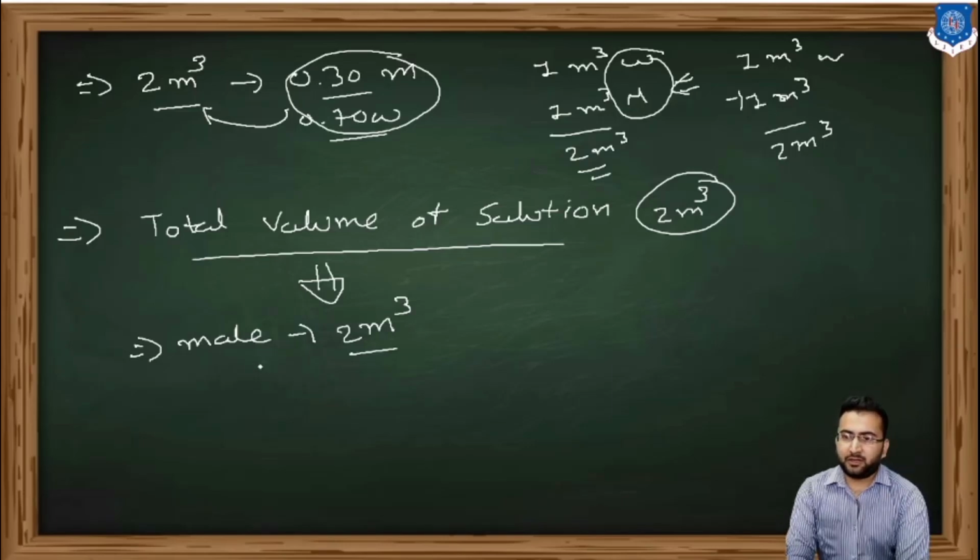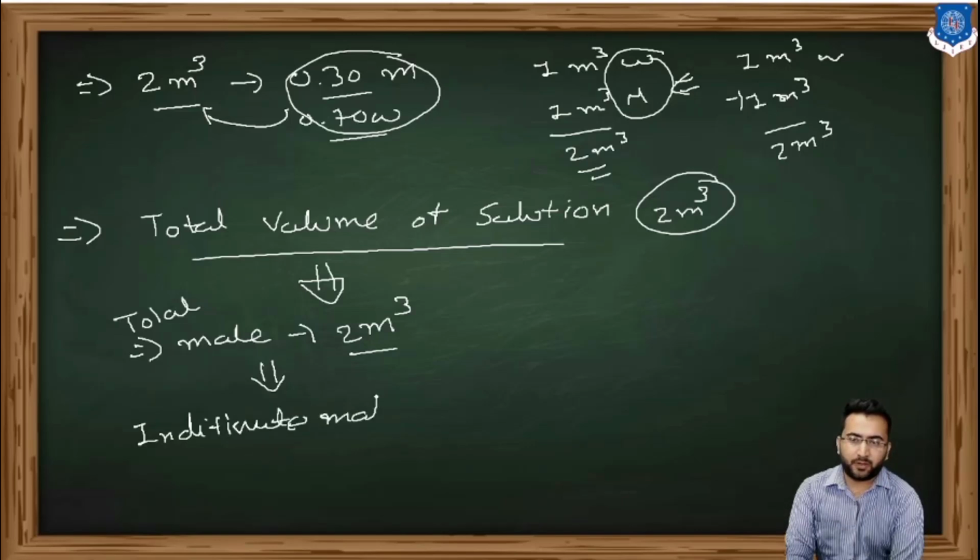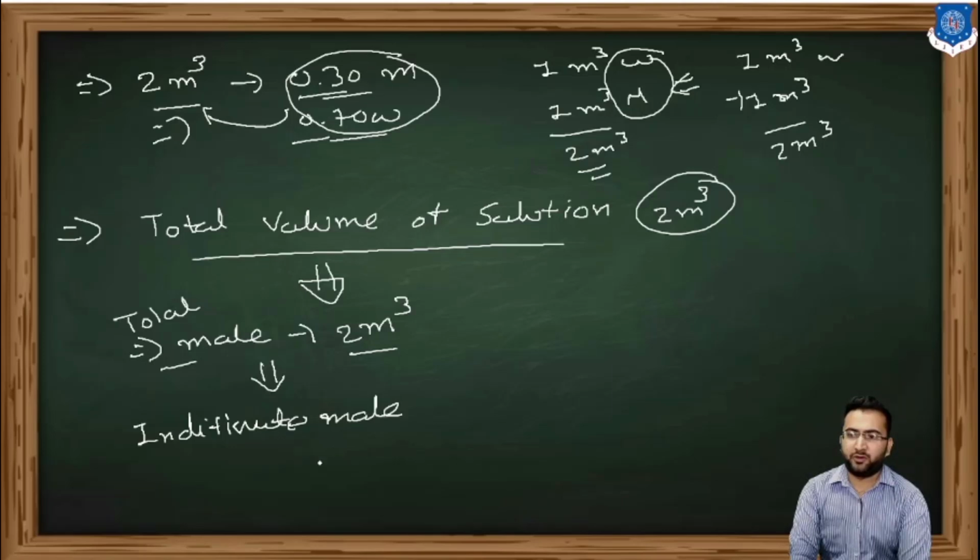After finding the total moles, we can find the individual moles of each component: multiplying 0.30 with the total moles gives the methanol moles, and 0.70 with the total moles gives the water moles required.